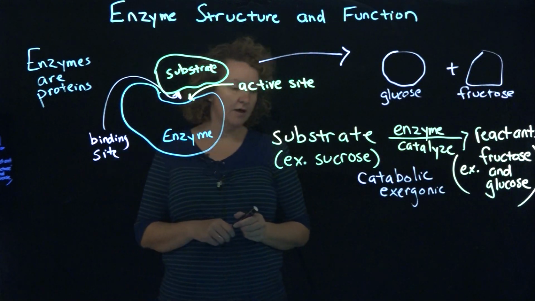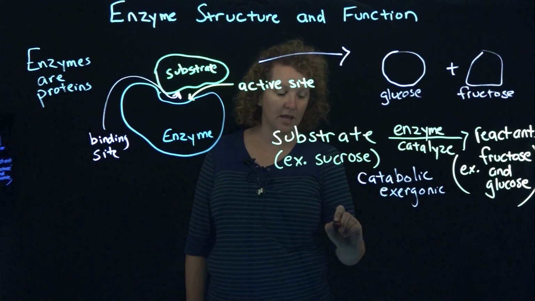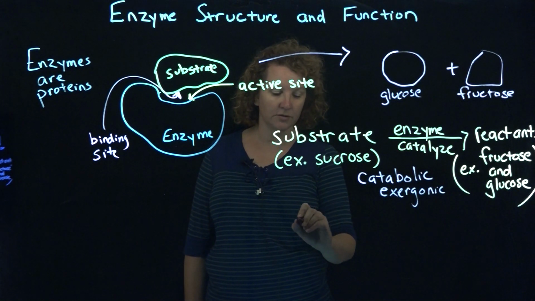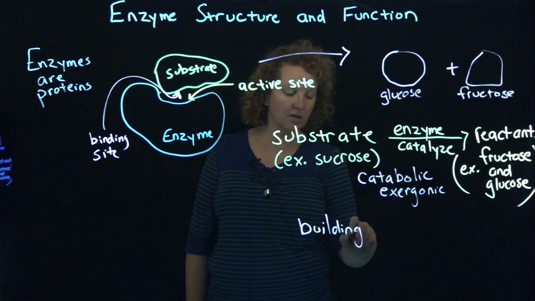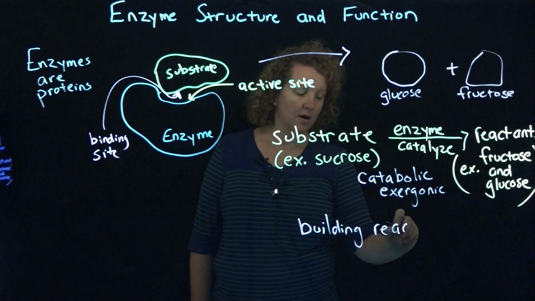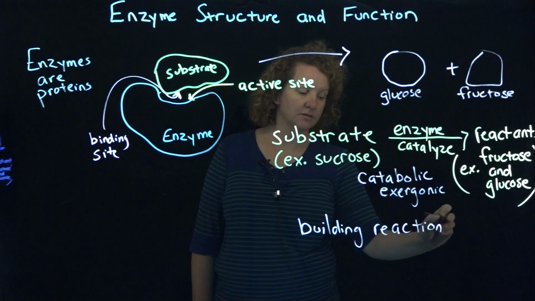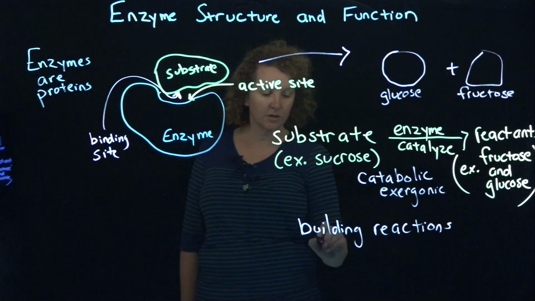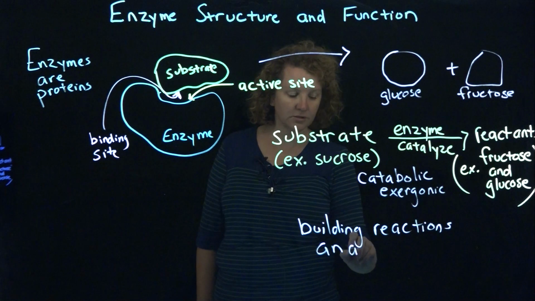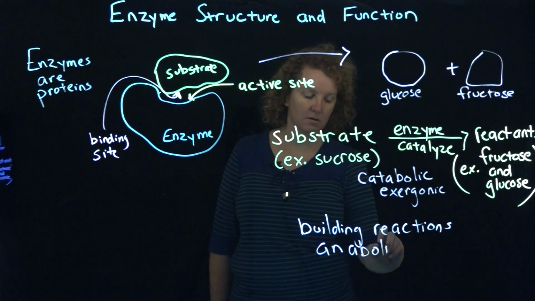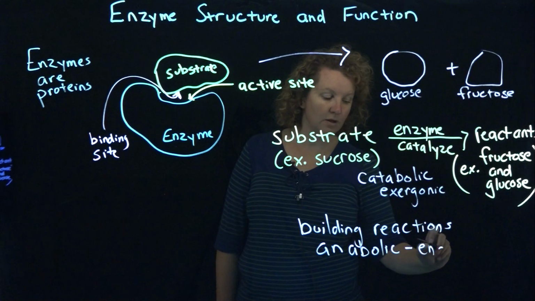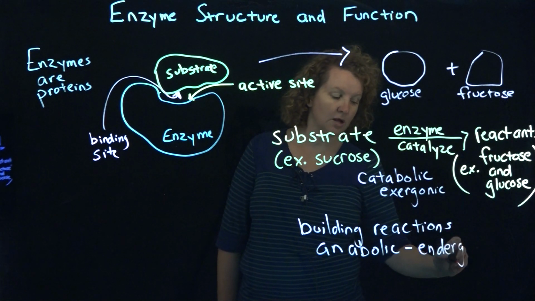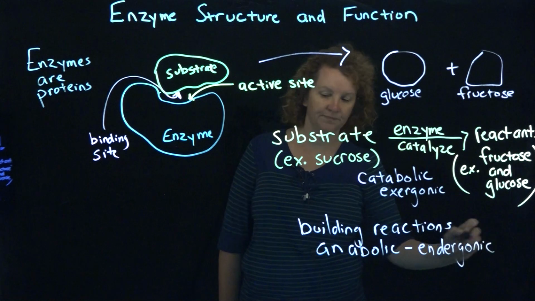You also can have anabolic reactions as well, so a building reaction. Let's say you're building up a protein from different amino acids in your diet. Those are typically going to be anabolic, but those are also enzyme catalyzed. And those are typically also going to be energy requiring, and those are endergonic. It takes energy to build protein.